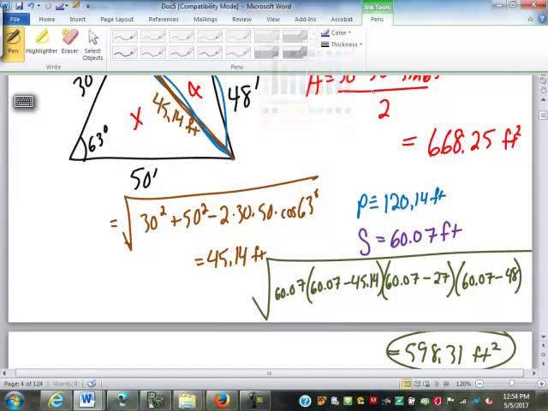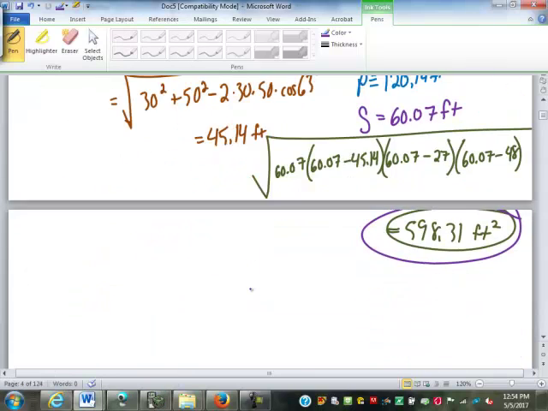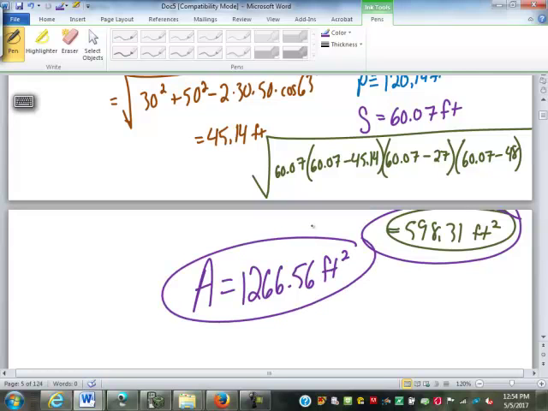So we simply have to add those two areas to give us 1266.56. Pretty simple, right?